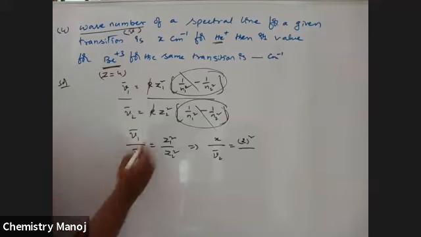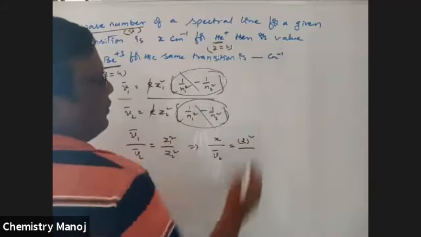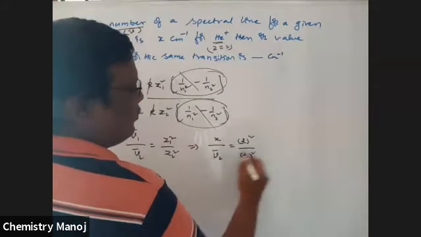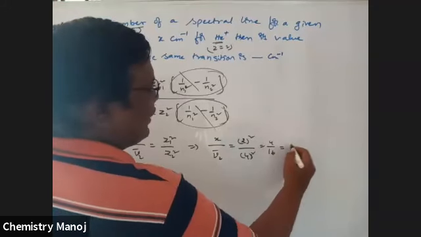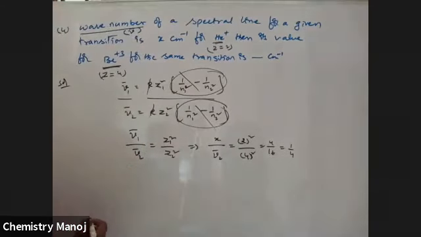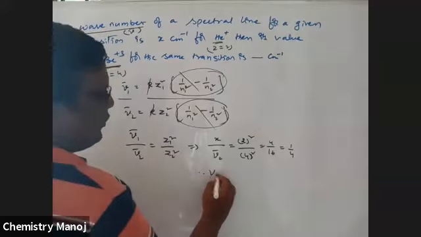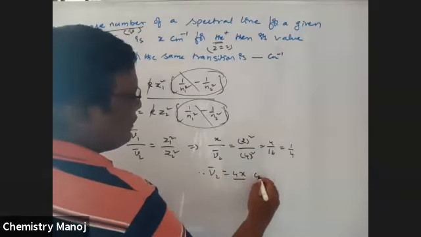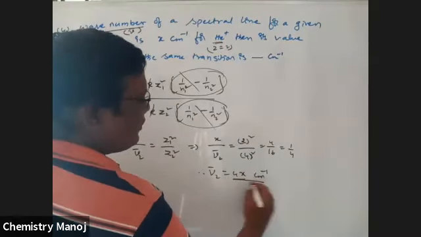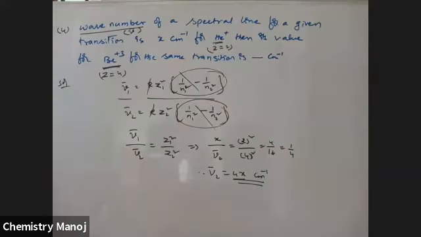So 4 by 16 is equal to 1 by 4. Therefore, nu2 bar is equal to 4x centimeter inverse. Important one.